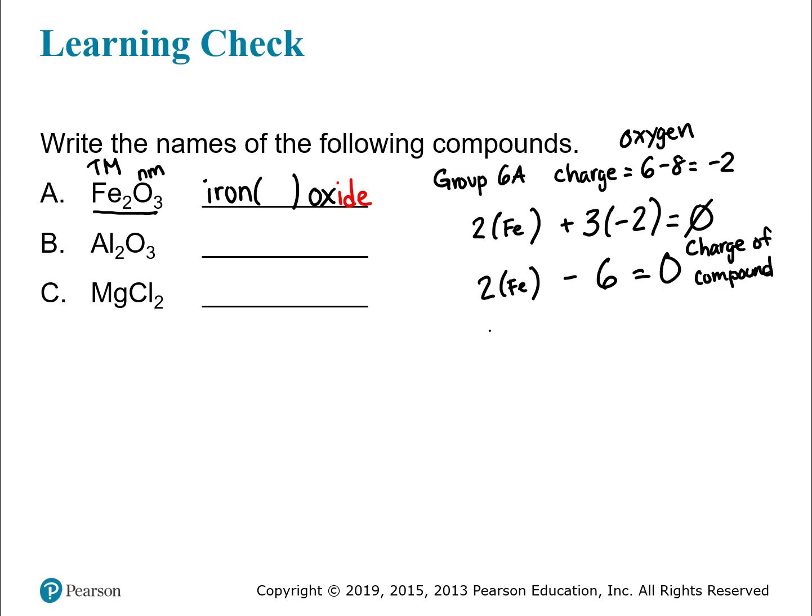Yeah, it's got to be 3. 2 times 3 equals 6. So we've got a positive 6 and a negative 6, and that equals 0. So the charge for each of the iron ions is 3 plus. So we put a 3 in Roman numerals in parentheses.